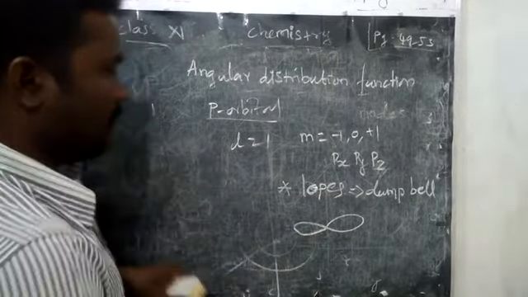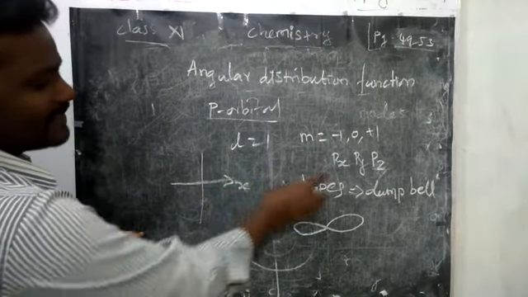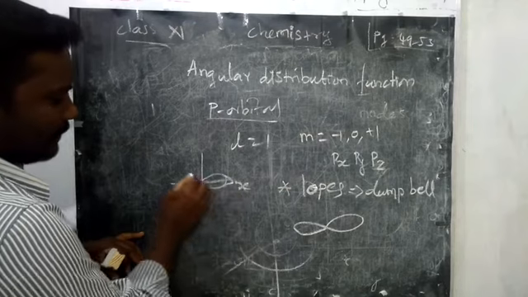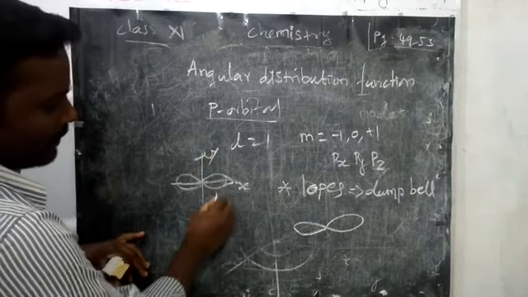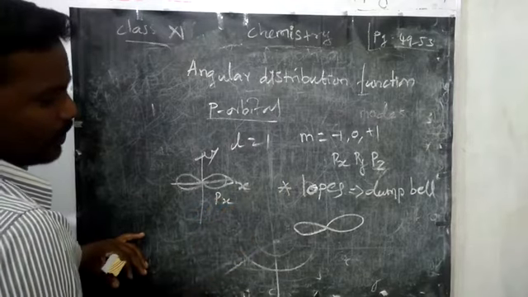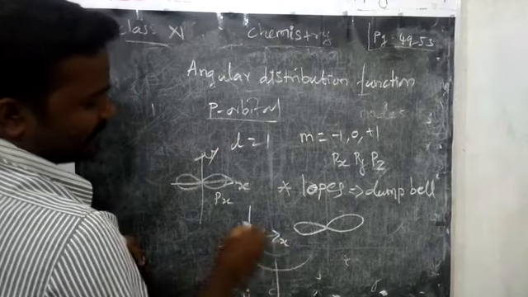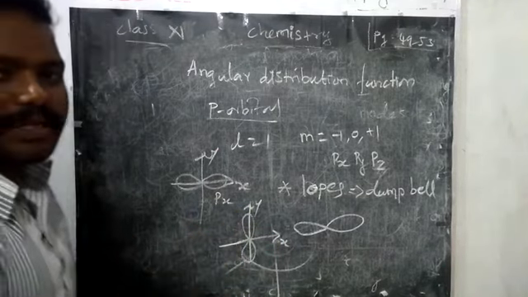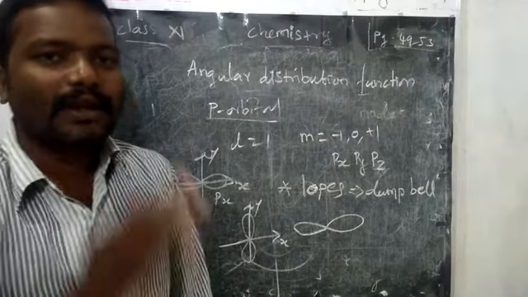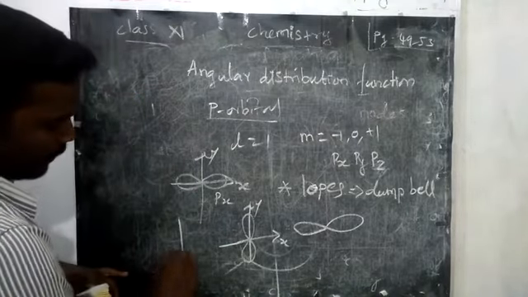So for Px, how do you draw? Simple. In the x-axis the dumbbell will be present. Suppose Py, this is Px. Py, how do you draw? X-axis, y-axis. If the dumbbell shape is present in the y-axis, we can say that is Py. Then Pz, how do you draw?